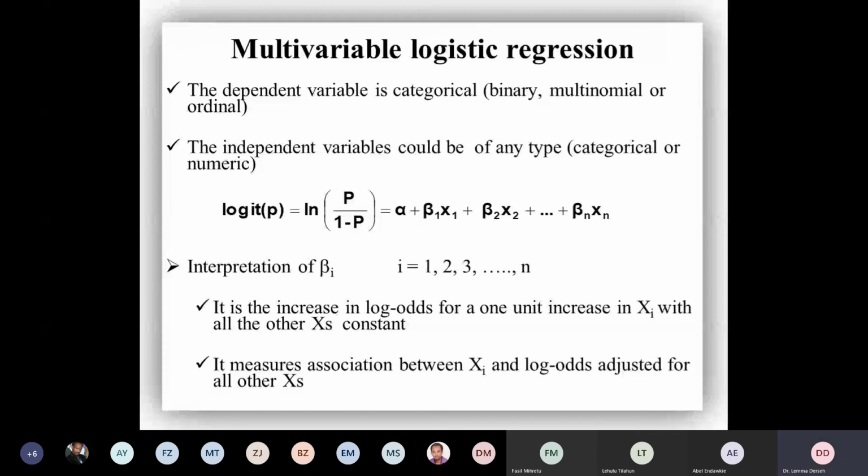We want to investigate the relationship between the dependent and independent variables, but we don't want association among independent variables. That phenomenon is called multicollinearity, so we should avoid it. So this is multiple logistic regression, when you have more than one independent variable.